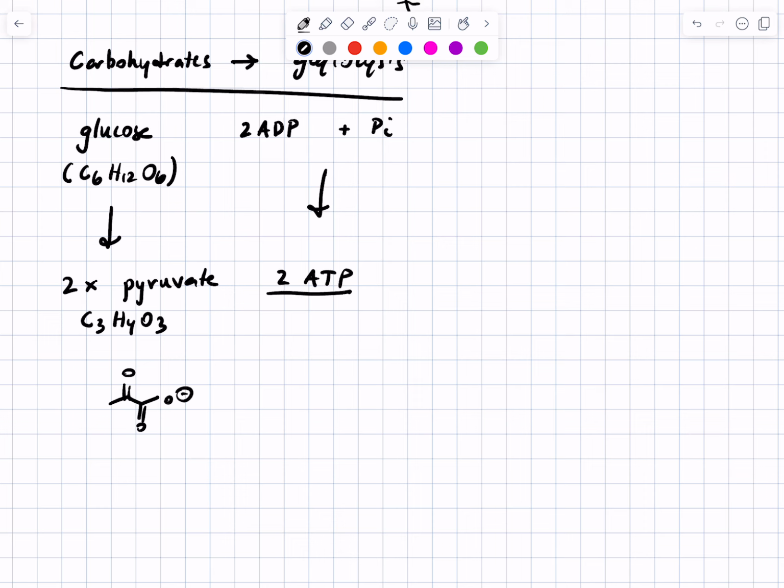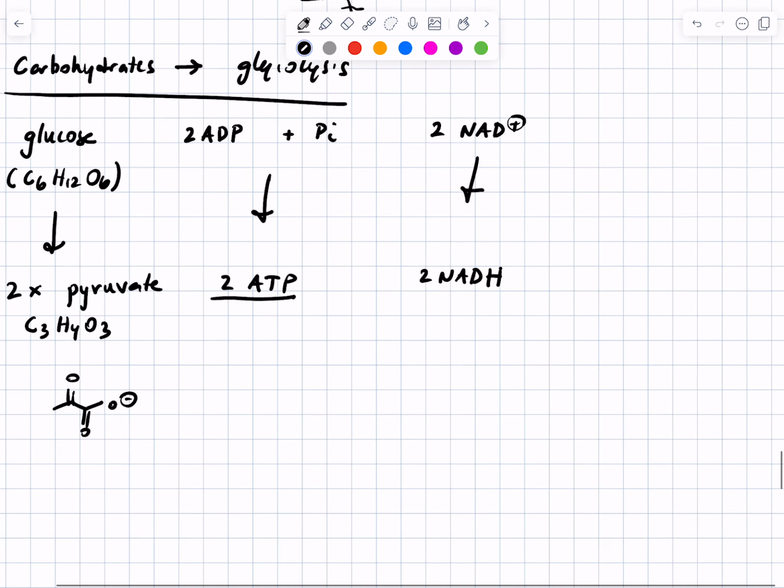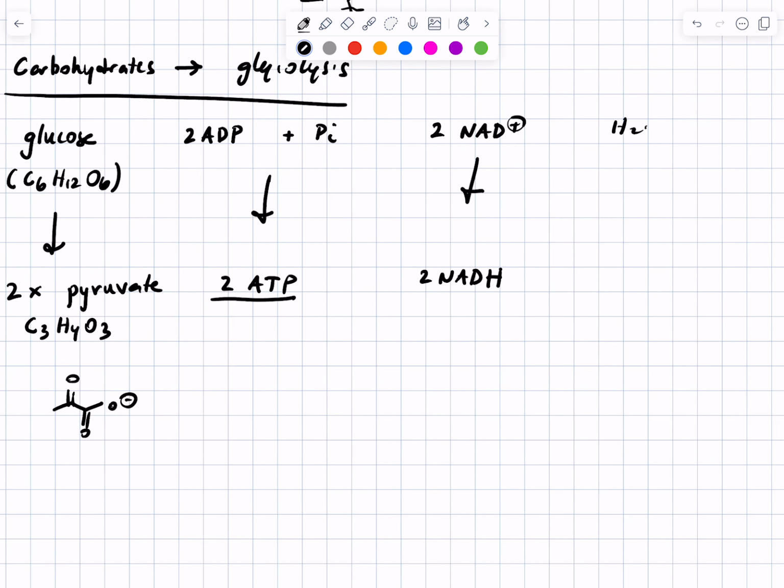So that's sort of the payoff. We're also going to take 2 molecules of NAD plus and convert them through dehydrogenase oxidation type chemistry into 2 molecules of NADH, and then just to balance out the charge, we're going to have to remove overall 2 protons.